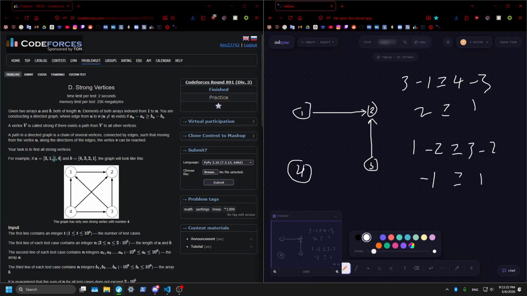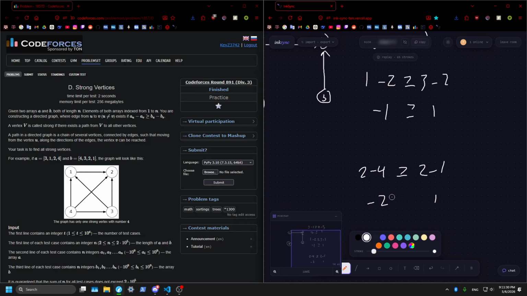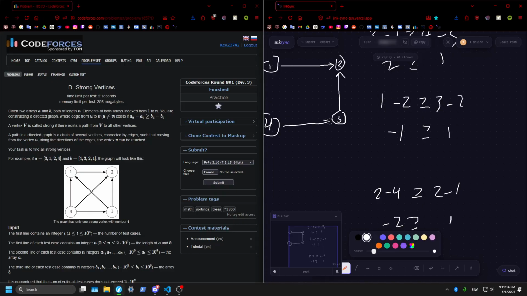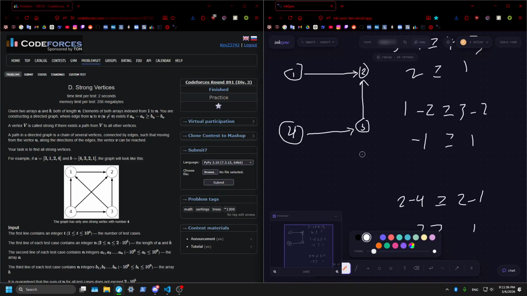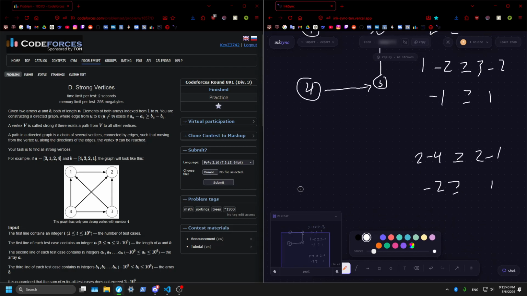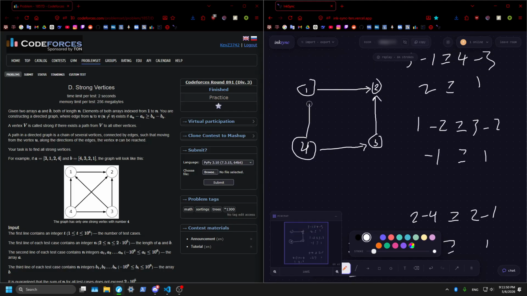But then 3 to 4. 2 minus 4 is negative 2, 2 minus 1 is 1. This is not the case, so no, it's from 4 to 3. And then 4 to 1. 4 minus 3 is 1, 1 minus 4 is negative 3. This is true, so there's this edge.